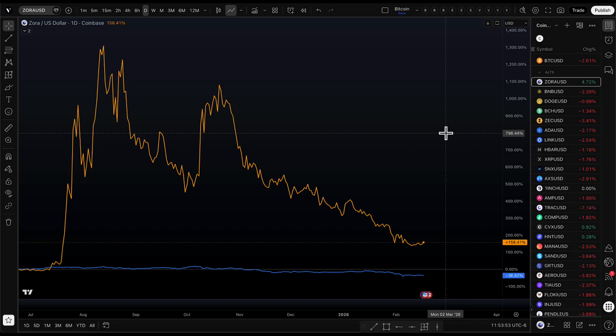That's why we do the analysis in this lesson, where we compare an alt's recent percentage movement directly against Bitcoin. And we're measuring whether the altcoin is actually stronger than Bitcoin or vice versa, not just whether it's going up or not.